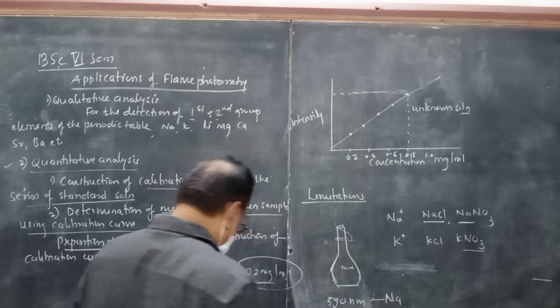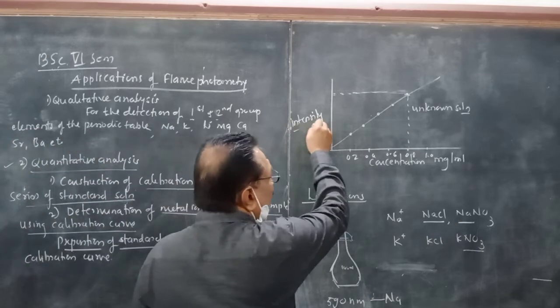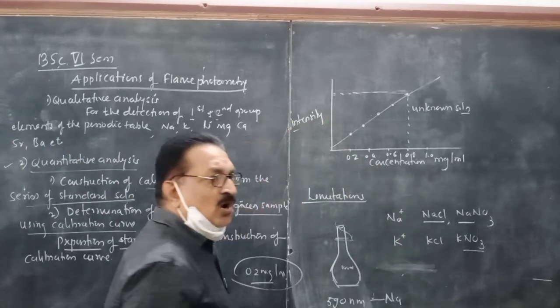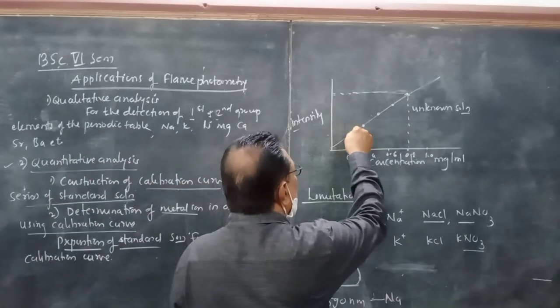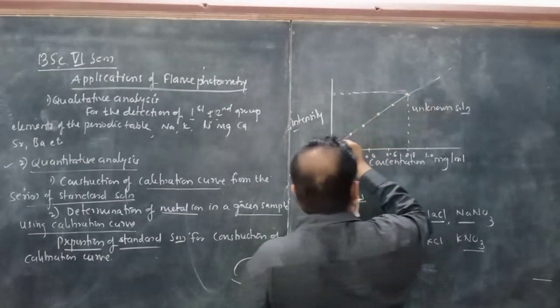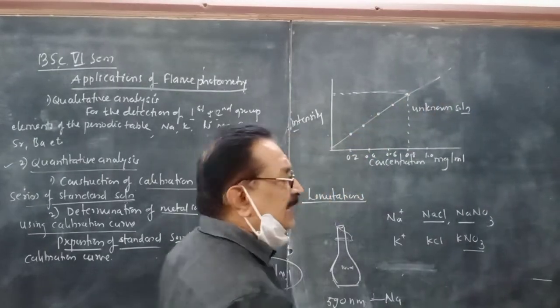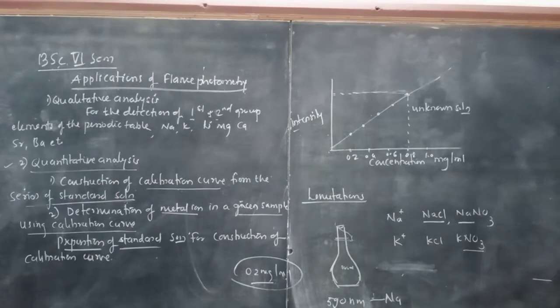From this we construct the calibration curve by plotting the intensity of the emitted radiation against the concentration. Depending upon the concentration we get the intensity, and the graph crosses at the center of the xy axis.